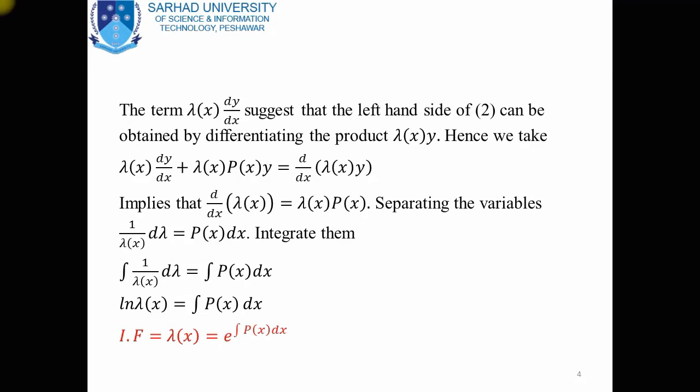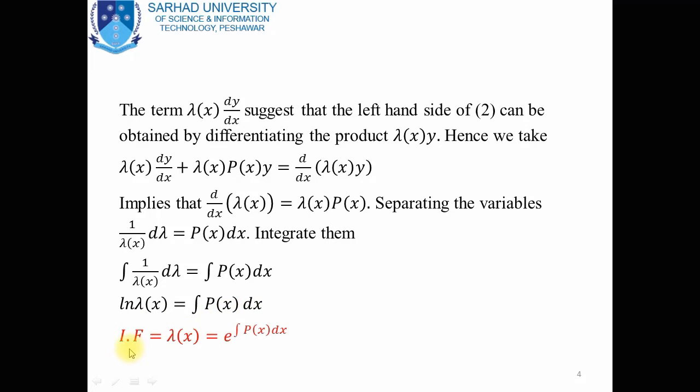Now separating the variables, we obtain 1/lambda(x) d lambda = p(x) dx, and integrating them we obtain the integration of 1/lambda d lambda equal to the integration of p(x) dx, and the integration of this function gives log of lambda(x) equal to the integration of p(x) with respect to x.